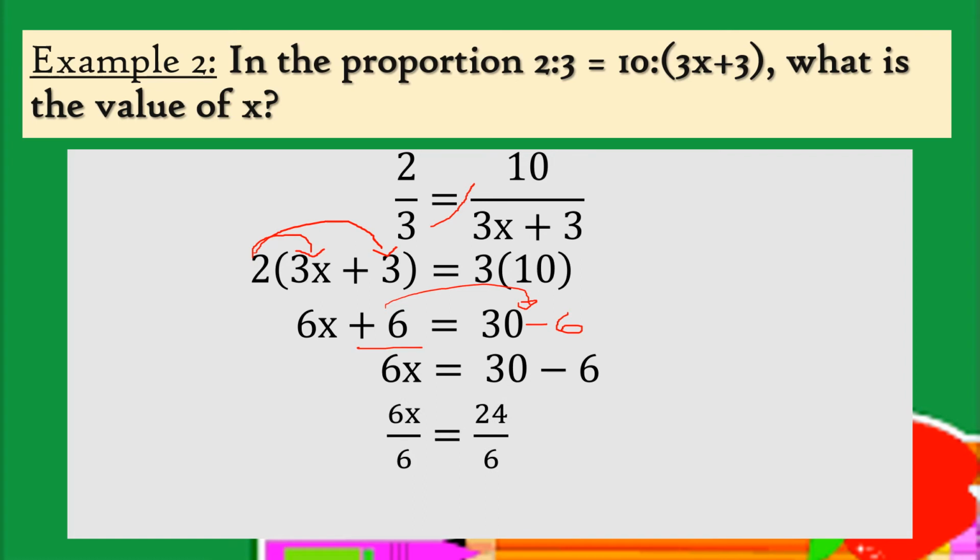Then we have 6x is equal to 24. Now, we will divide both sides of the equation by 6. So we have here x is equal to 24 divided by 6, which is 4. Therefore, in our proportion, we have 2:3 equals to 10 is to 3 times 4 plus 3.